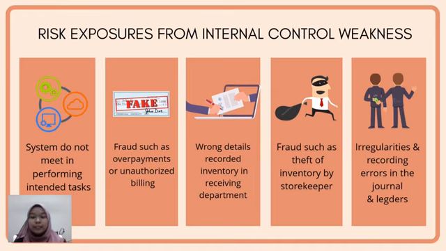Next, fraud such as theft of inventory by the storekeeper might happen if the storekeeper is assigned to update the inventory subsidiary ledger. This is because it is possible for the storekeeper to steal the item and sell it back to the customers at a higher price for their own benefit, and purposely record the wrong amount in the ledger.